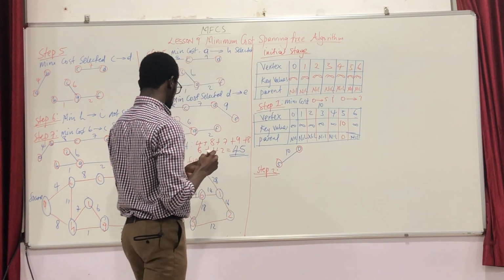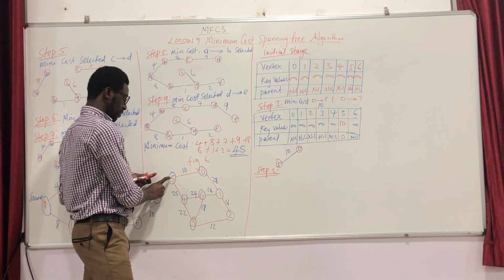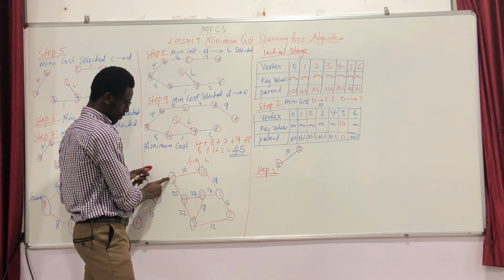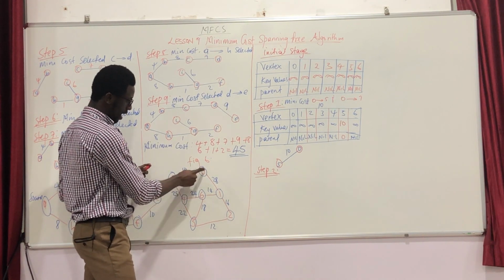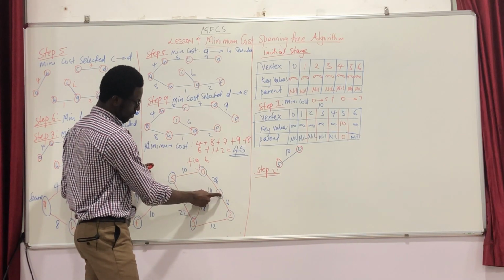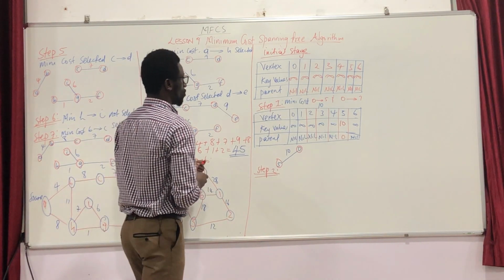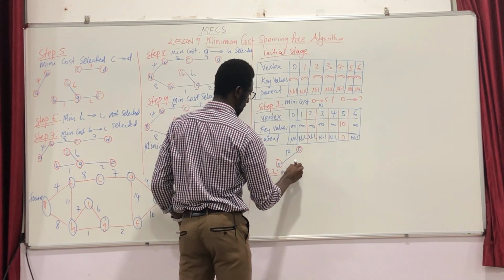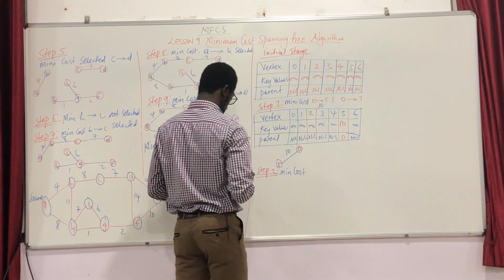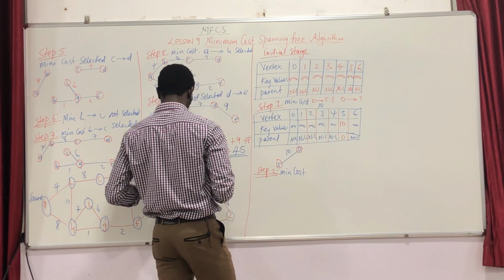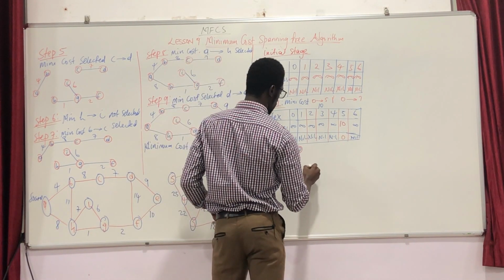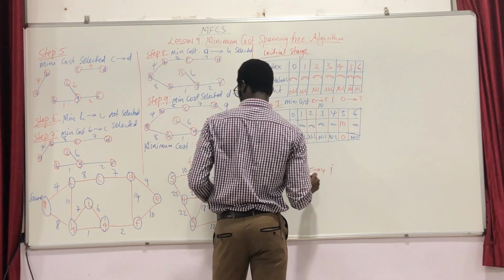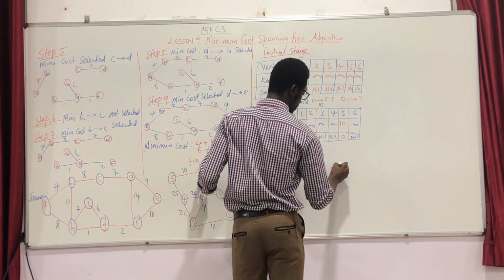Step 2 again, we'll see. So when you reach here, 0 to 5 selected, then we'll compare again 5 to 4 and 0 to 1. So say minimum cost, 5 to 4 and 0 to 1.